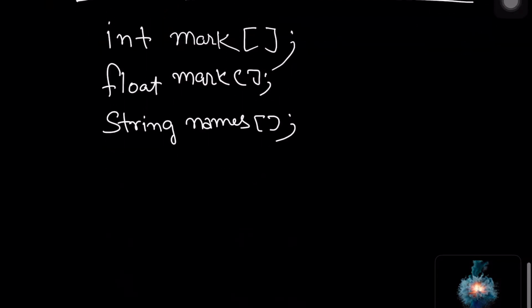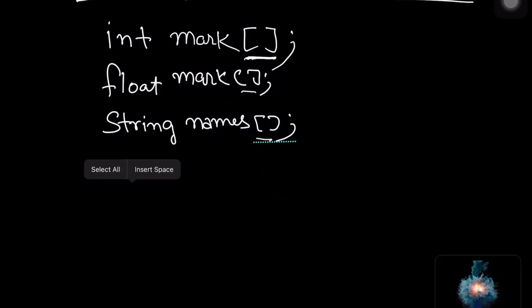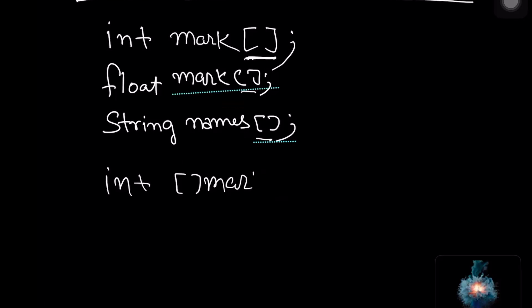But the declaration you can tweak a little bit as well. You note down these brackets, open and close. We can switch them here and there; we'll see where we can do that switching. The same thing you can declare as int mark, and I can also do it like this: int, then the bracket, then mark.